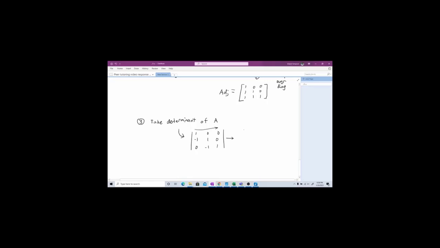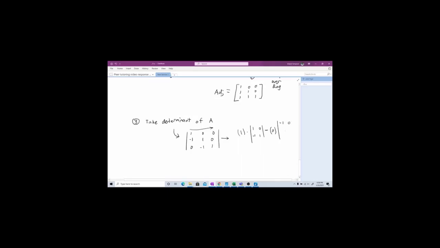So what we do is, first of all, it is the first of the top row, which is a 1, times the determinant of 1, 0, negative 1, 1, which is this thing right there. Okay? And then minus the second element of the top row times the determinant of whatever we would be left with taking out the same row and column.